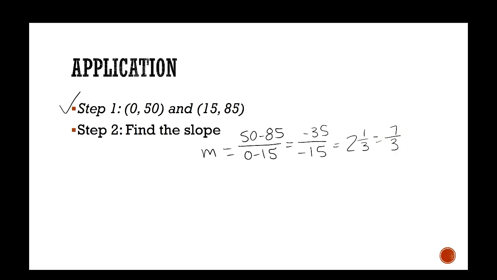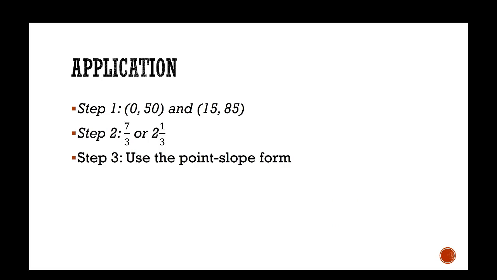Okay, so we found our ordered pairs and found the slope. Now we're going to use the point slope form: y minus y1 equals m times x minus x1. I know the slope, again I'm going to use 7/3. You could use 2 1/3, you would get the same, whatever you would like to use. I'll use 0, 50, so 0 is your x, 50 is your y.